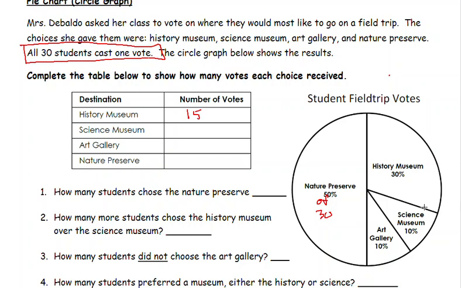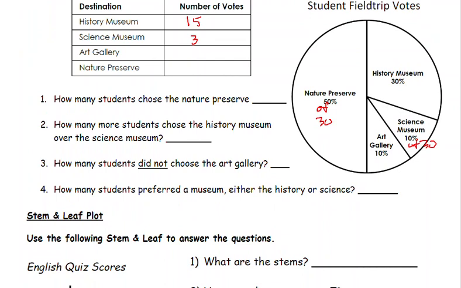If we look at 10% for the science museum, that would be 10% of 30, and 10% of 30 is 3. So you can try that with the other 2 sections and use that to fill in the rest of the data in the table. Then we can answer the questions below using those numbers from the chart above.